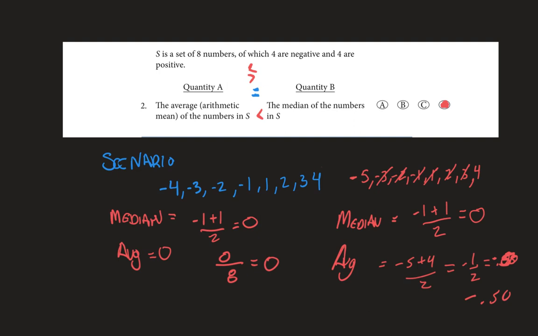Once we're able to prove another scenario that disproves the option of saying they're always equal, you choose D, because in other words, you can't come up with an answer yet. Why? Because you're missing information. D just means there's not enough information to support a solid answer.